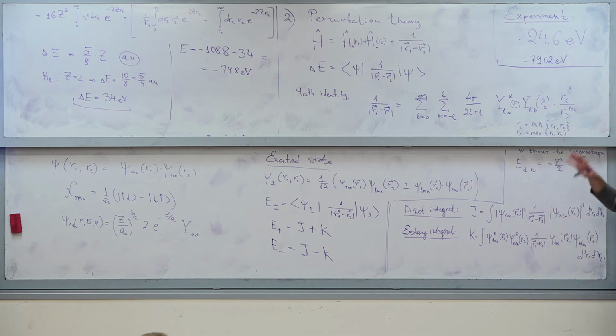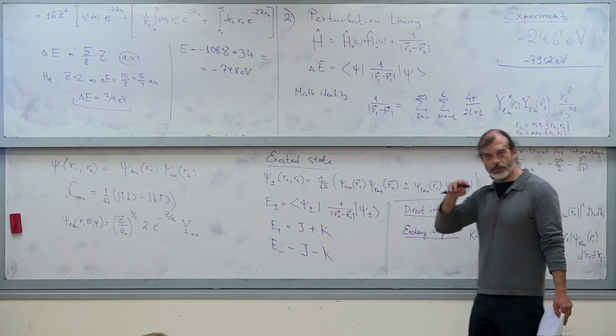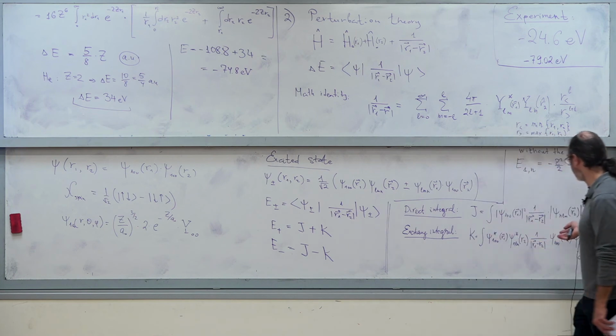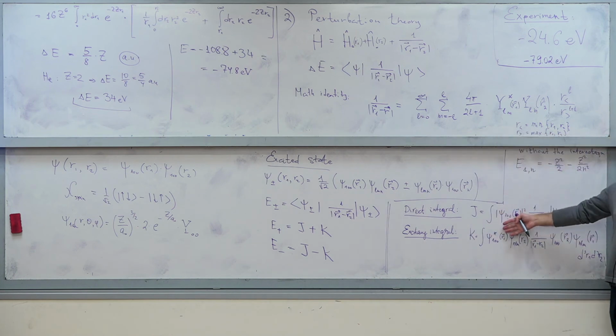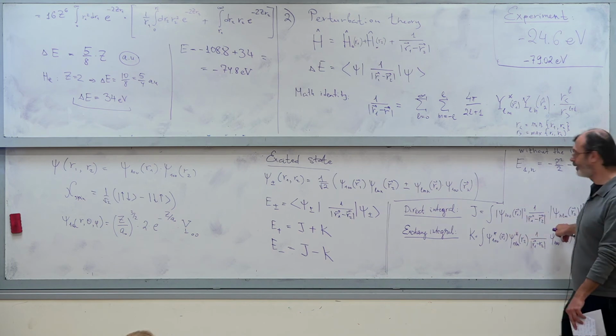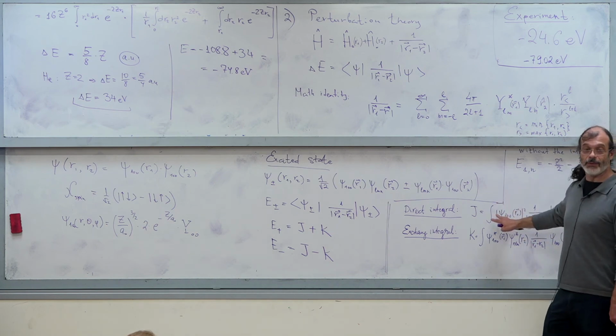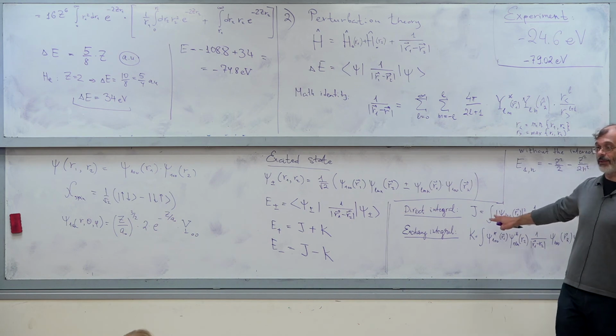This is the interaction between the charge density distribution of one electron and that of the second electron, and that's what the direct integral gives you, right? So that's the same thing that we calculated before.